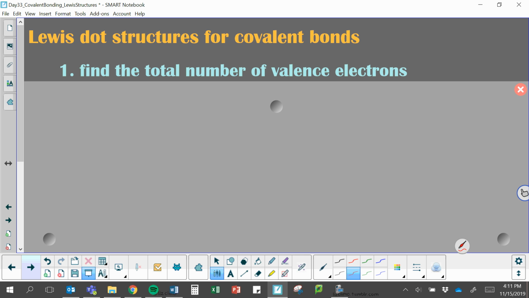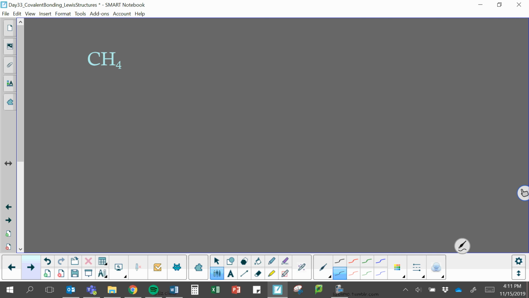Okay, so we have these steps that I'm going to work through with you so that you know this procedure to make sure you understand how to draw a Lewis dot structure for all situations. The first thing we need to do, number one, is find the total number of valence electrons. Our example is CH4. For our valence electrons, we're going to think about each individual thing.